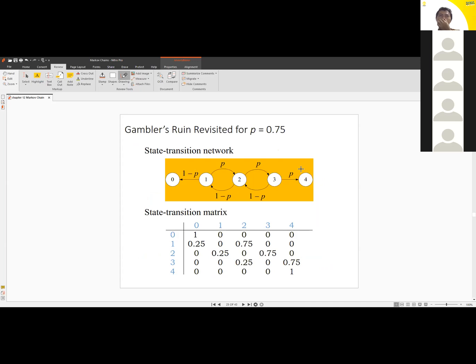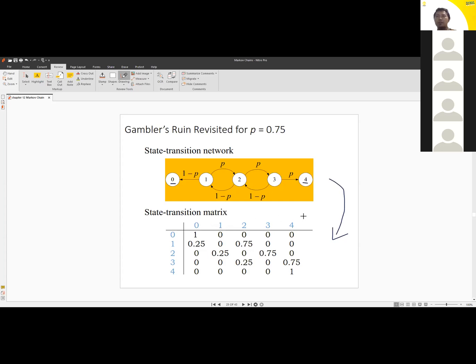This is another sample of a state transition network. Given this network, I hope you don't have a problem transforming it into this transition matrix here. You can simply see how many states we have. Total is 5: 0, 1, 2, 3, 4.